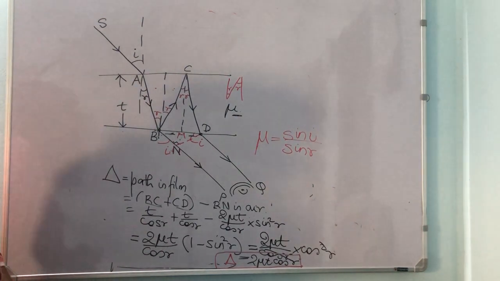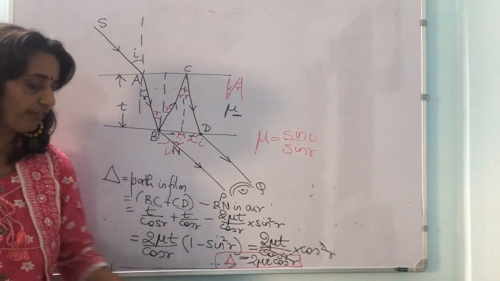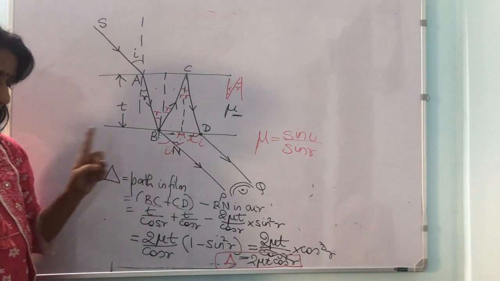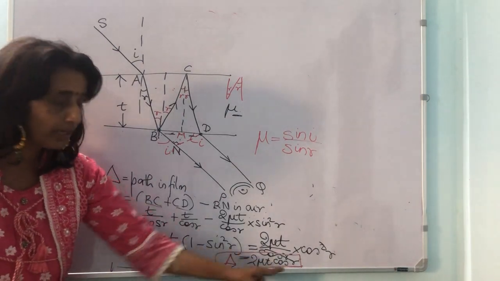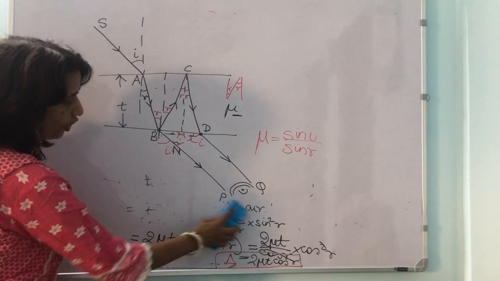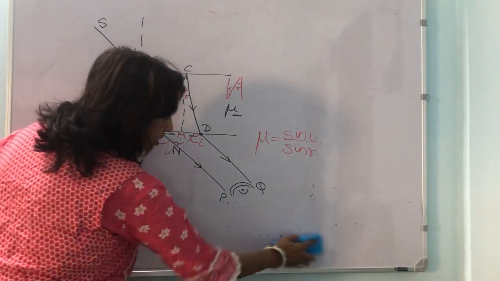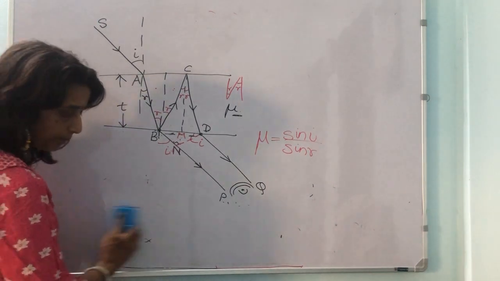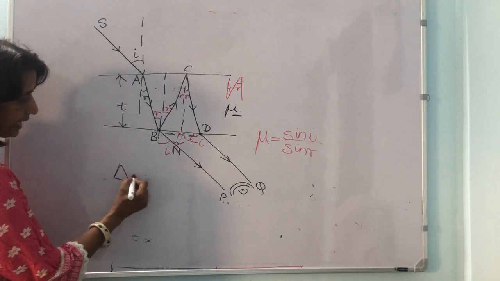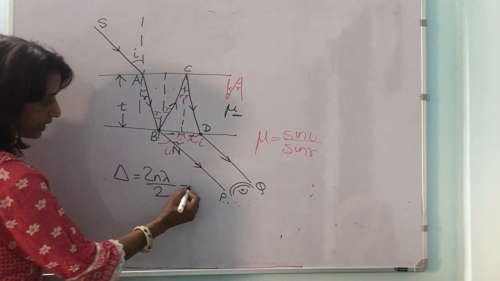We are not using Stokes' law here because light is getting reflected at the surface of a rarer medium, hence no additional path difference. Quickly, maxima and minima: for constructive interference, this path difference should be an even multiple of lambda by 2, that is del is equal to 2n lambda by 2, that is n lambda.